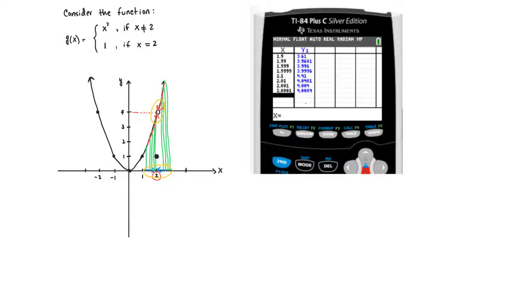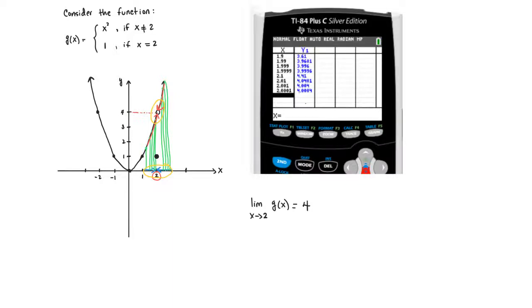So symbolically, we're going to say that the limit as x approaches 2 of the function, actually it's not f of x, it's g of x, that limit is going to be equal to 4, not to 1. Because the y values, again, I know that I'm repeating myself, but I really want to make this clear.